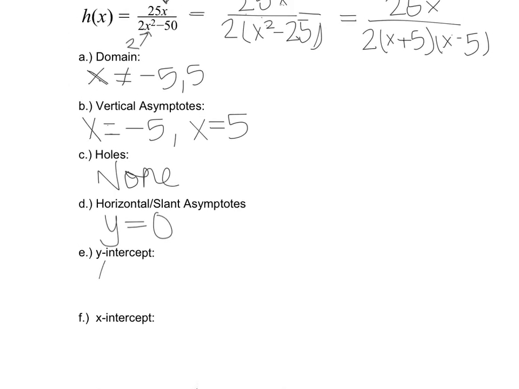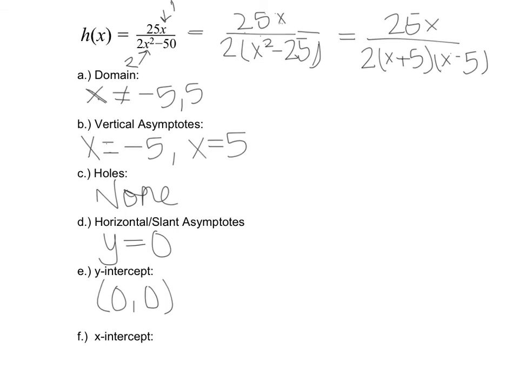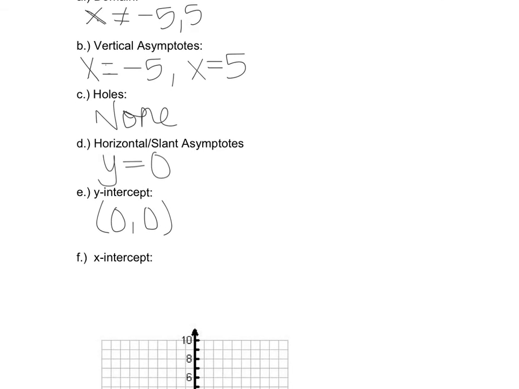at (0, 0). And for our x-intercept, because it would be solving for when our numerator is 0, 25x equals 0 when x is 0. So our x-intercept is also (0, 0). So let's go ahead and start graphing our function.